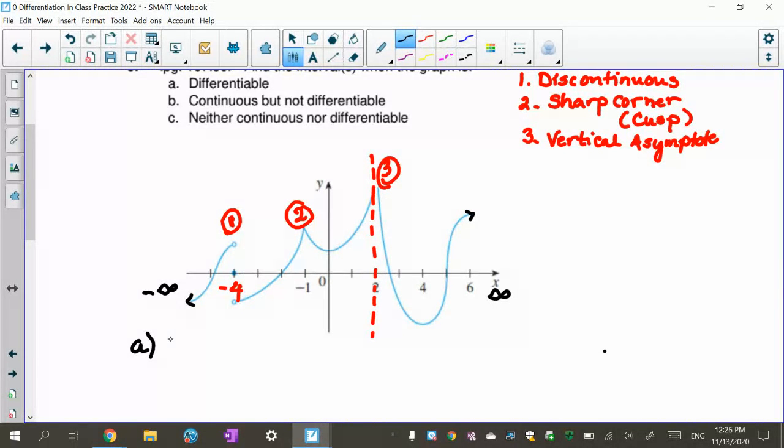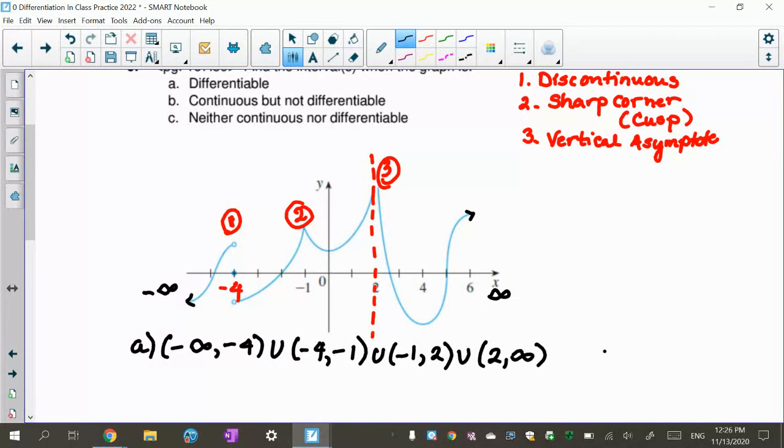So I'm going to say, from negative infinity all the way up to -4, there's a derivative. It's continuous there. In union with, and then I go from -4 all the way up to -1. And I want you to notice that I'm not putting brackets here because I don't want to include the endpoint, because it's not differentiable there. And then in union with -1 all the way up until 2, in union with 2 all the way up to positive infinity.